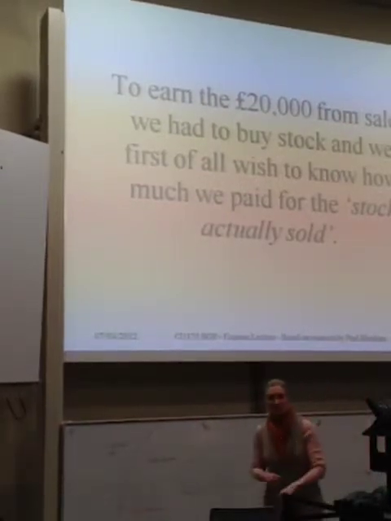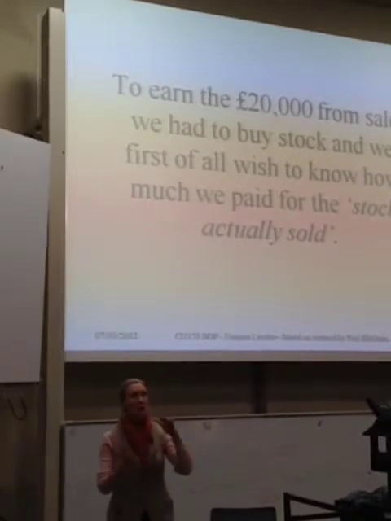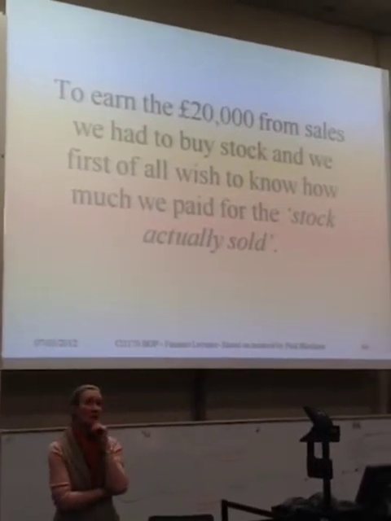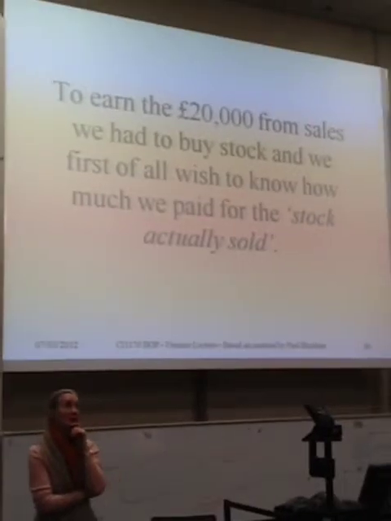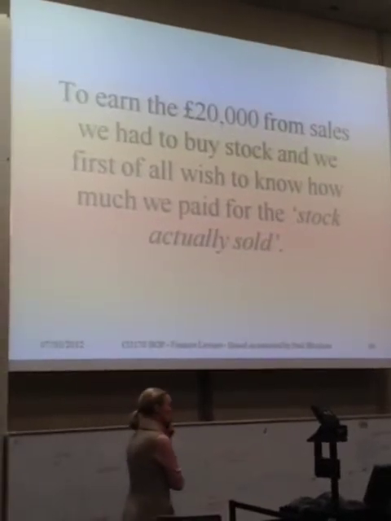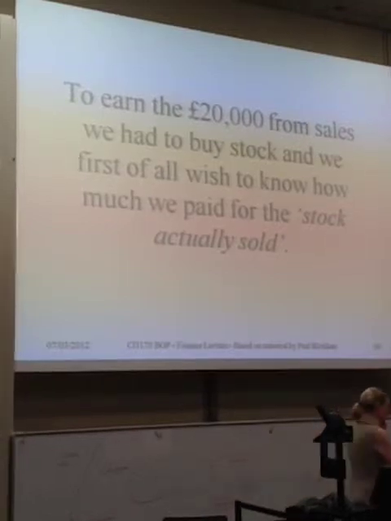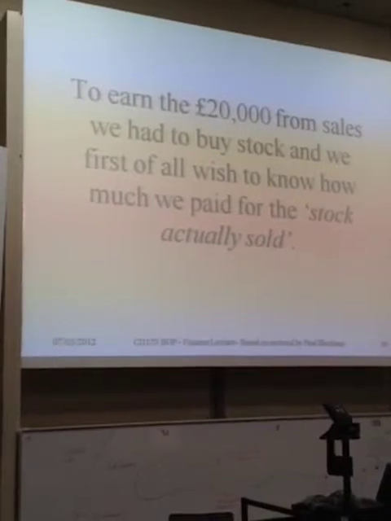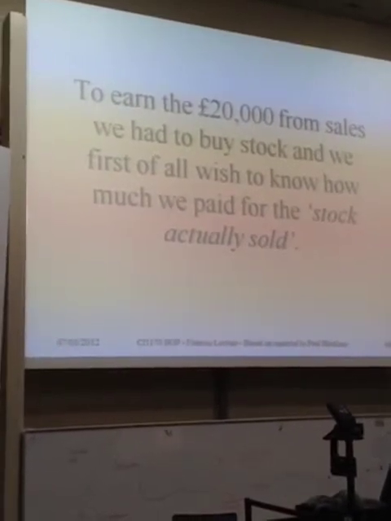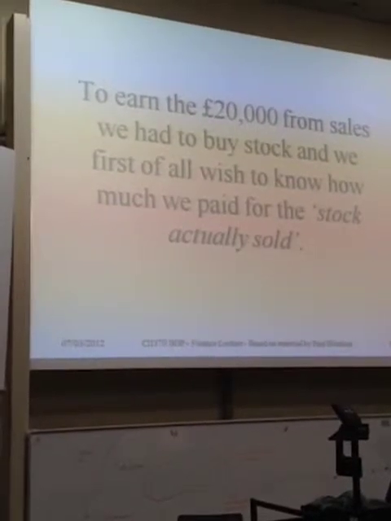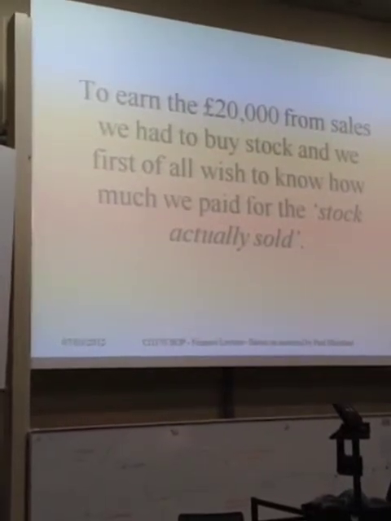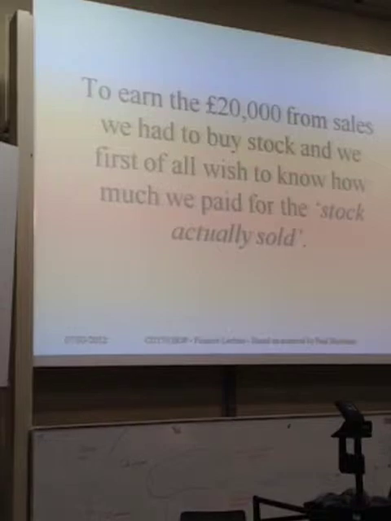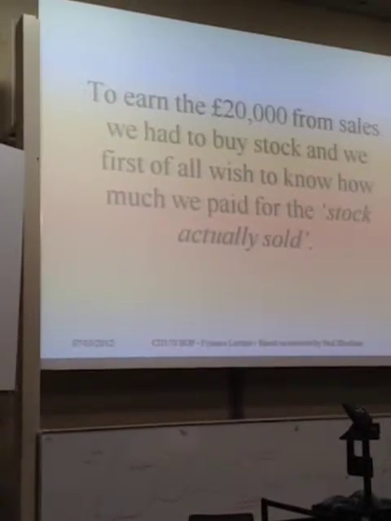How many of you have read the financial study notes? Okay. Then you know that the profit and loss is subdivided into two parts. The first part is the trading part, and it's everything that you need to do to trade. For example, if you are writing software and putting it onto some kind of media, or you produce toothpaste and it goes through a factory procedure, you've got to have all the chemicals, which is stock, and that stock needs to be weighed against the sales that it can generate.